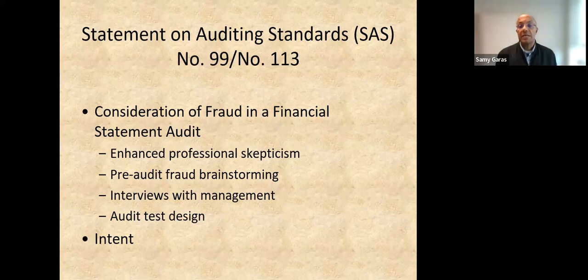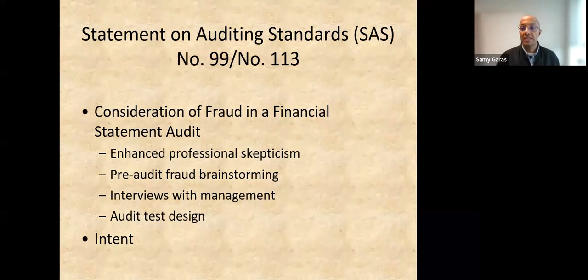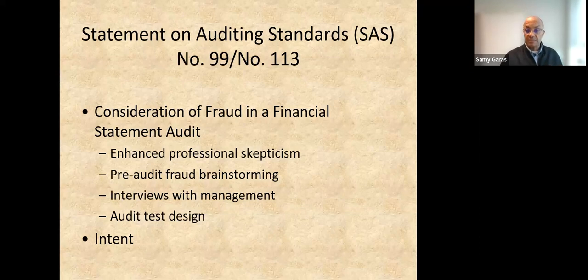The auditor here is following the statement of auditing standards number 99 when it comes to the area of fraud examination. What does it mean? It means that the auditor has to have a professional skepticism.